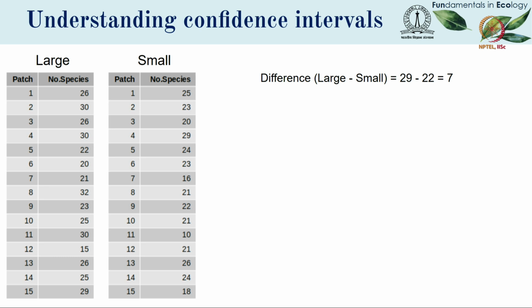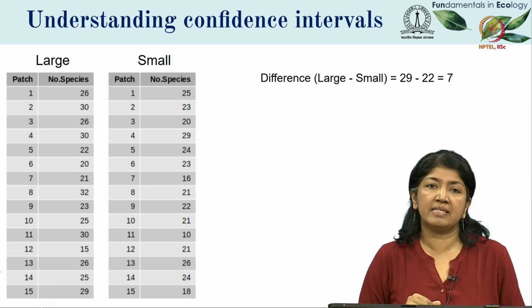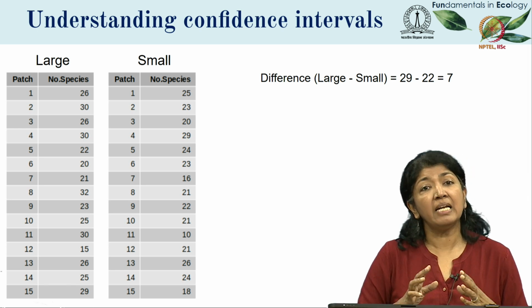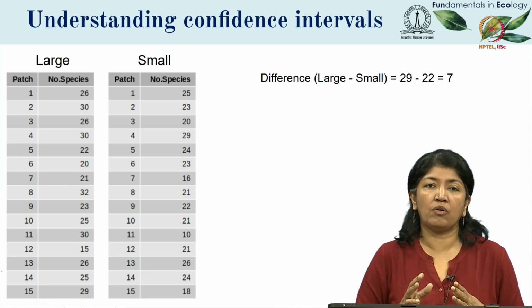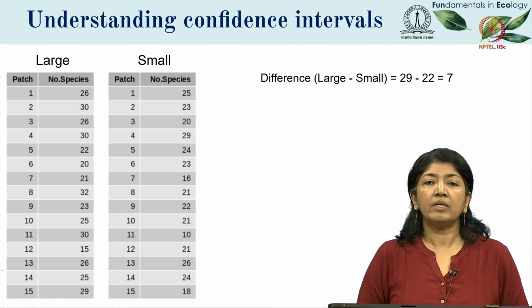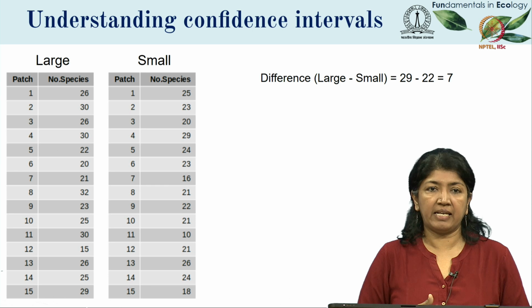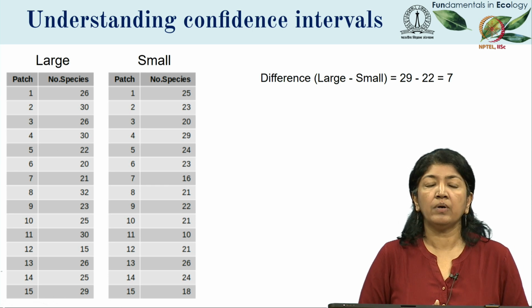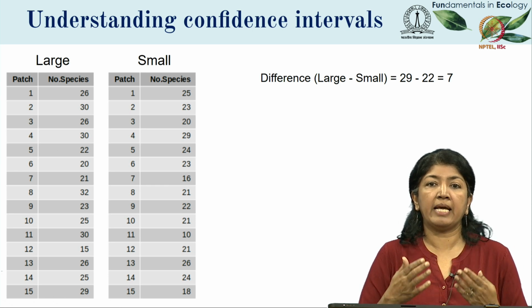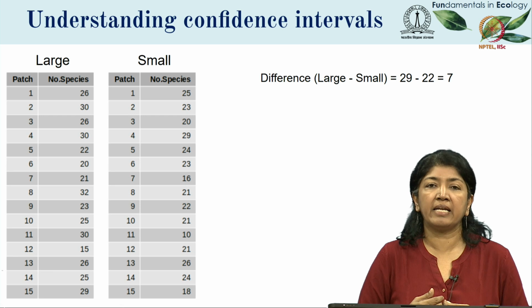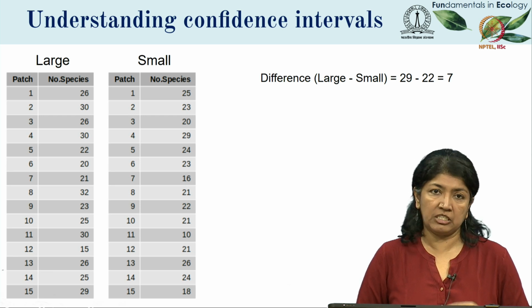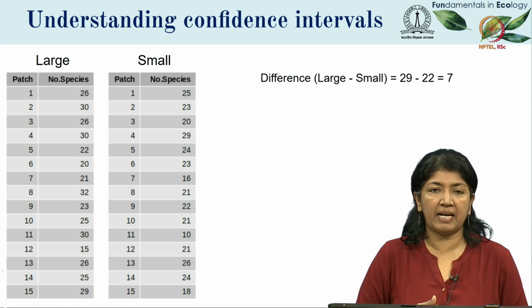Since the confidence interval is probably one of the most important concepts in statistics, let us spend a little more time understanding it. Typically, when we carry out our study, here I have shown you an example of a study comparing species richness between large and small habitat patches.